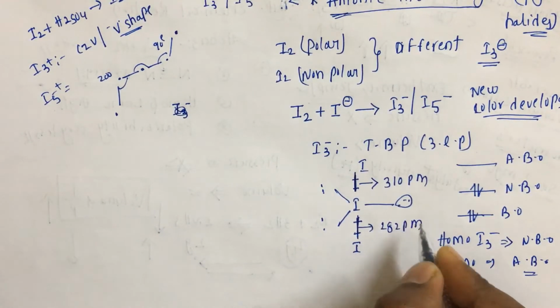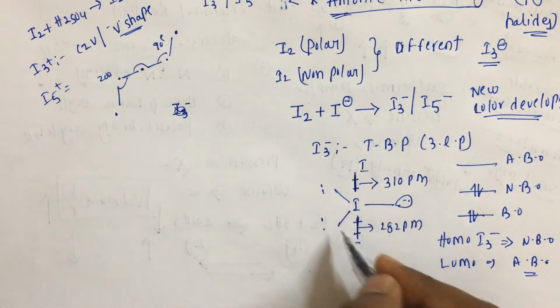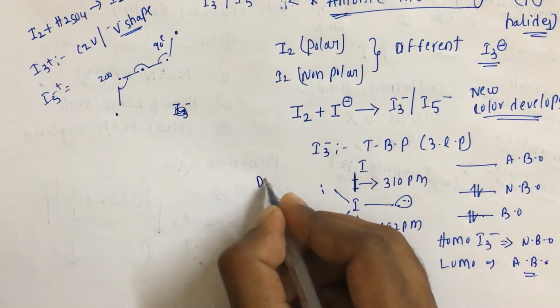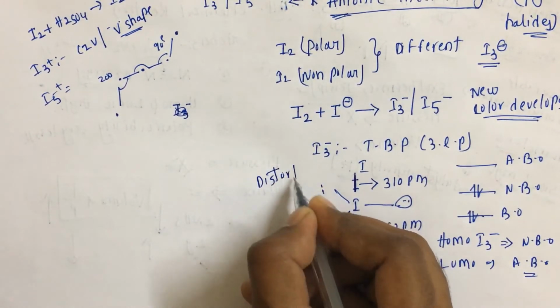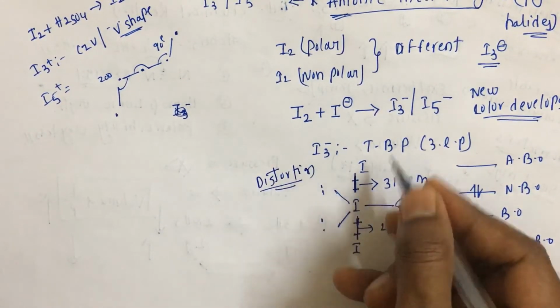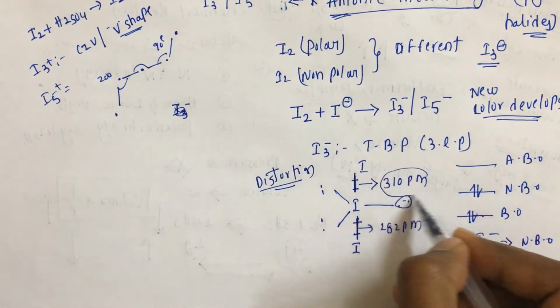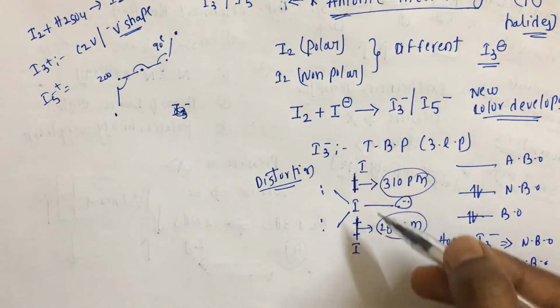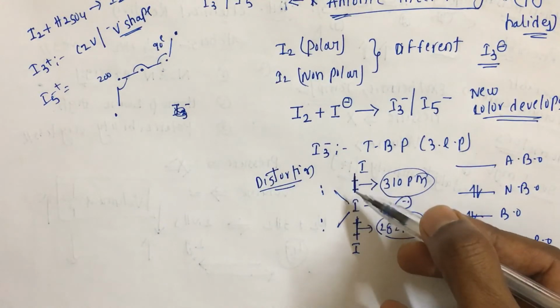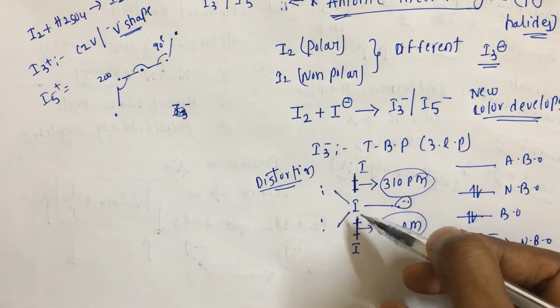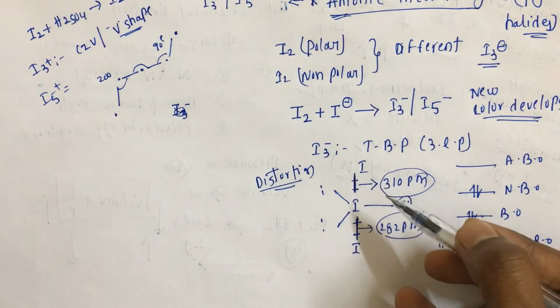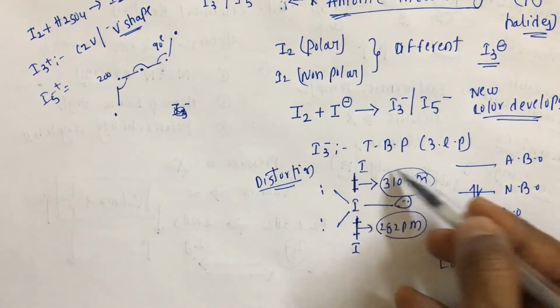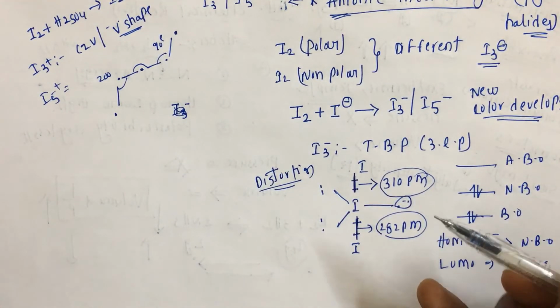Because of the lone pair interactions, some distortions will happen in the I3- structure, so due to these distortions the bond lengths will be different. You don't need to remember these values, but they may ask why the bond lengths of the two iodines in I3- are different. This is due to the distortion of the lone pairs. We can say that just distortion is sufficient.